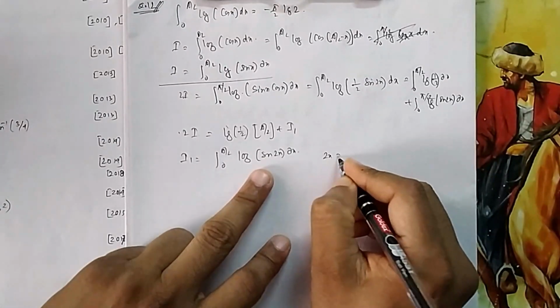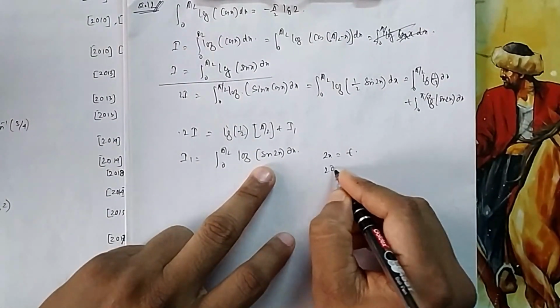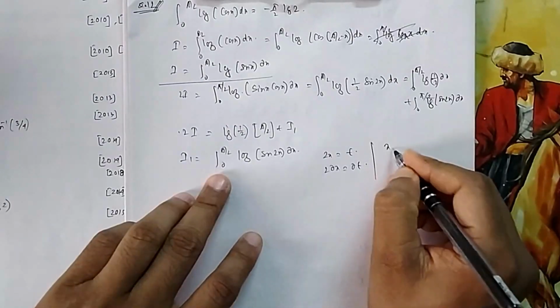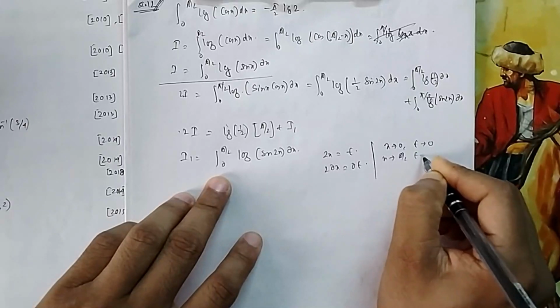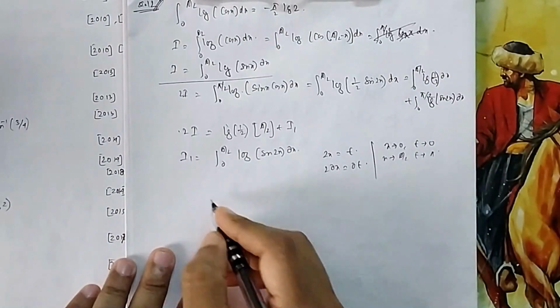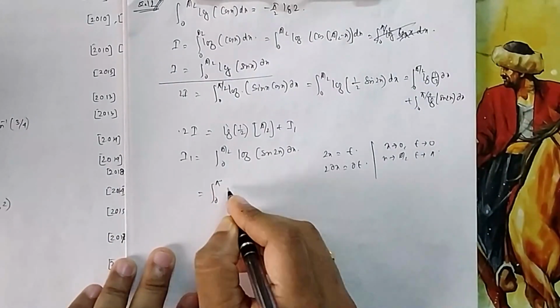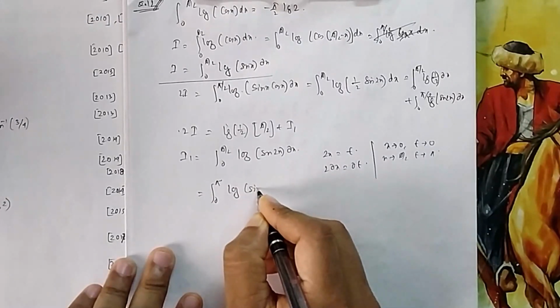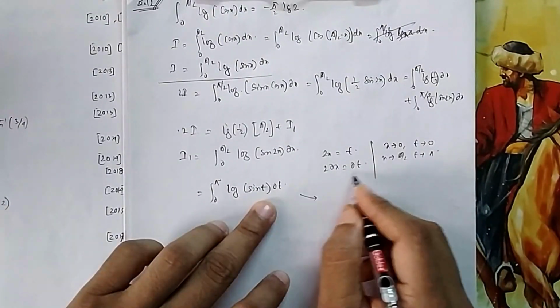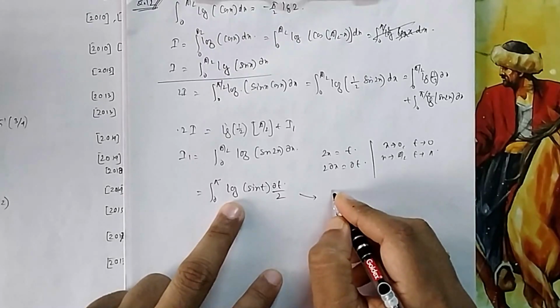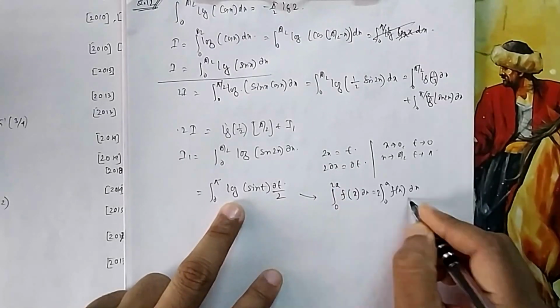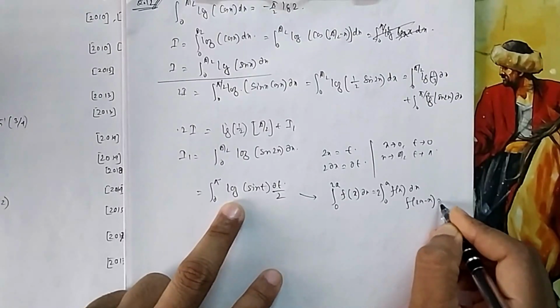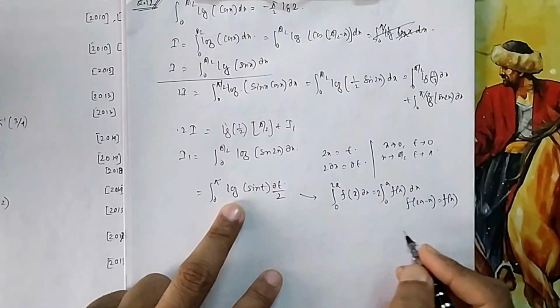Now if I take 2x equal to t, then 2 dx equal to dt. If x tends to 0, t tends to 0. If x tends to pi by 2, t tends to pi. So it will be 0 to pi log sin t dt by 2. Now we apply the property of 0 to 2a, f of 2a minus x, the even and odd function concept.